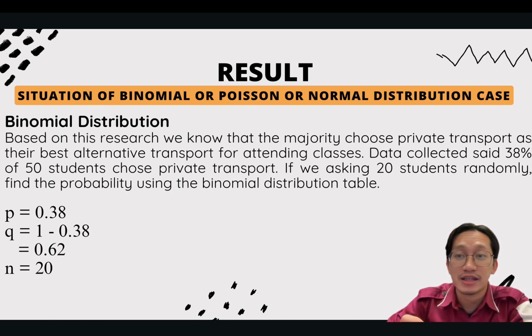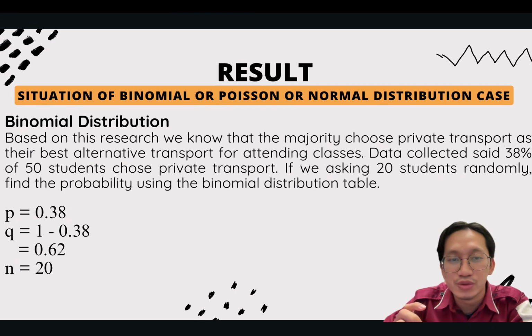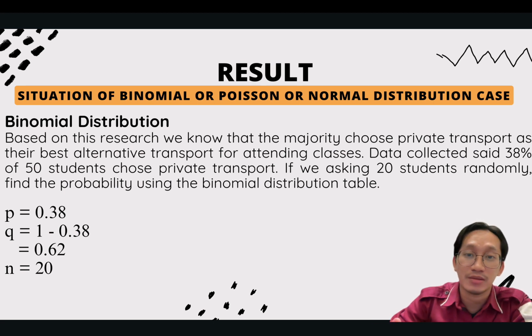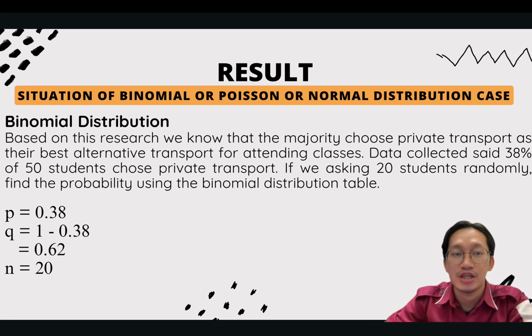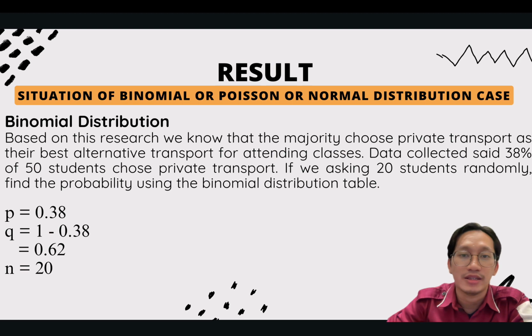Data collected said 38% of 50 students chose private transport. If we ask 20 students randomly, find the probability using the binomial distribution table. For this question, we can conclude that p is 0.38, q is 1 minus 0.38 equal to 0.62, and n is 20.